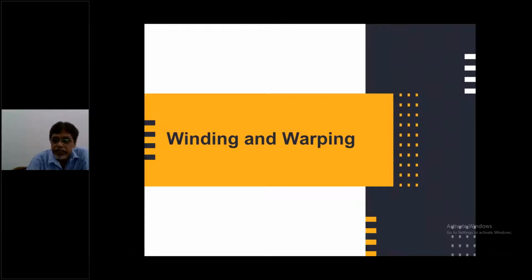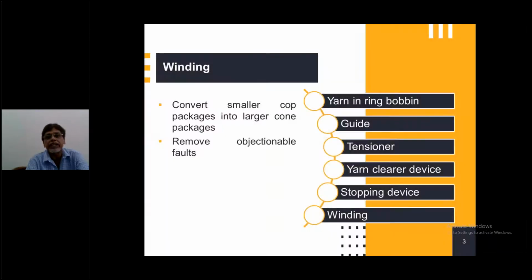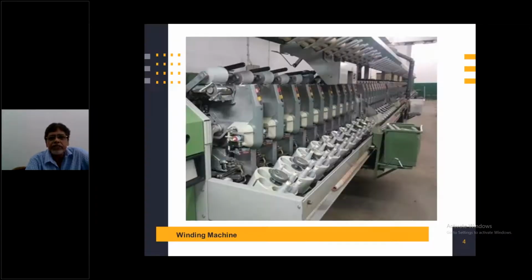Now in brief, if it is winding, then you find ring bobbin, guide, tensioner, clearer, stopping device, and winding machine, and we convert a smaller into a bigger package and remove the objectionable faults. This everybody knows, and this is one of the best machines ever designed by textile people.